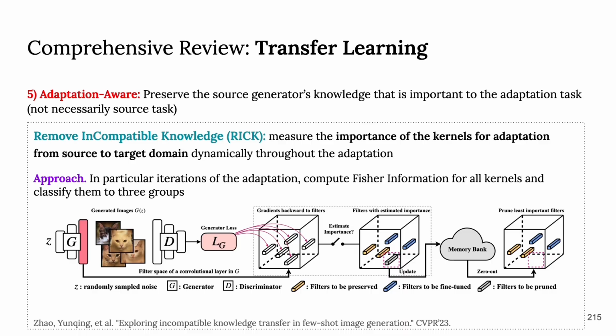The filters that can be fine-tuned, these are in the middle. And then we have less important filters, filters to be pruned. This is also connected to the concept we discussed before, incompatible knowledge. We mentioned that the filters which have the lowest Fisher information are connected to the incompatible knowledge, so we prune them to prevent transferring this harmful knowledge.